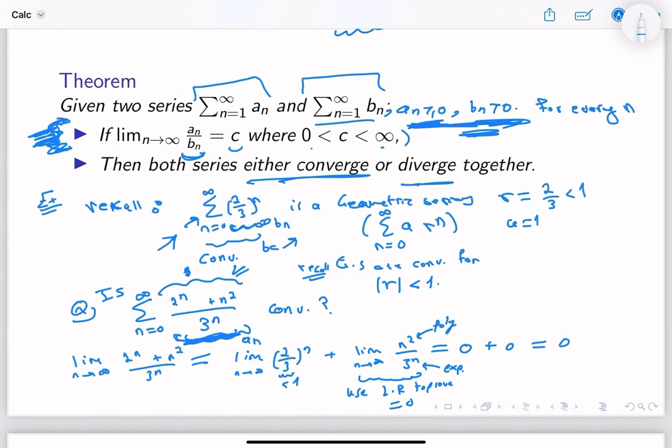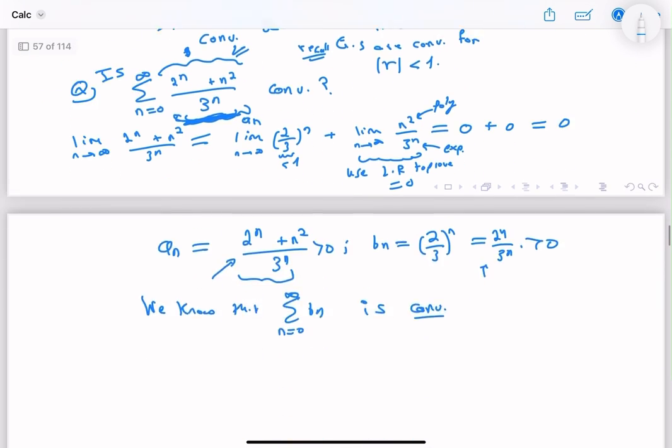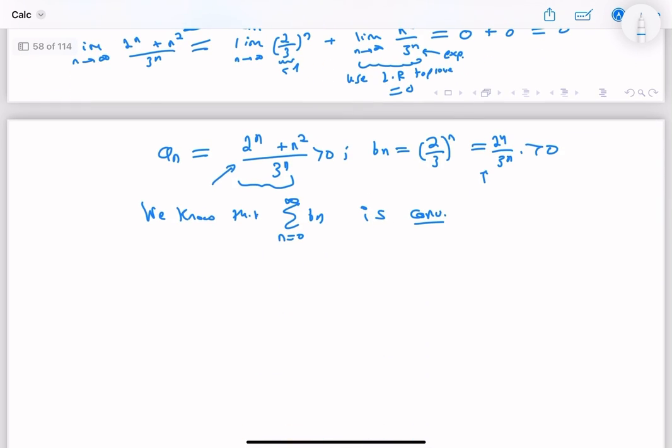So let's see if the limit of a_n over b_n is equal to some constant, and this constant is not infinity or 0. So let's take the limit of a_n over b_n and see what it is. This is the limit as n tends to infinity of 2 to the n plus n squared over 3 to the n, over b_n, which is 2 to the n over 3 to the n.